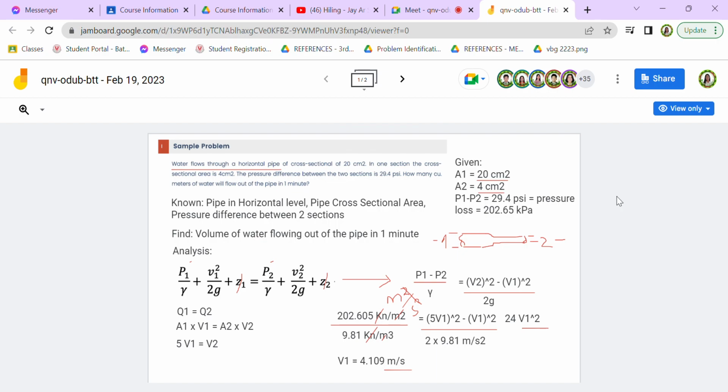So kapag ganito, itatimes lang naman natin si volumetric flow rate sa 1 minute. Pero yung unit kasi ni volumetric flow rate is naka-second. So 1 minute is equivalent to 60 seconds. So times lang natin si 8.218 by 60 which will give us 0.493.